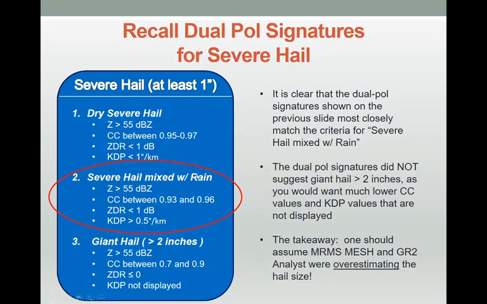So here's a little checklist that you can use to relate dual pole characteristics to hail size. And what you'll see is for this storm, we're most closely matching severe hail mixed with rain.